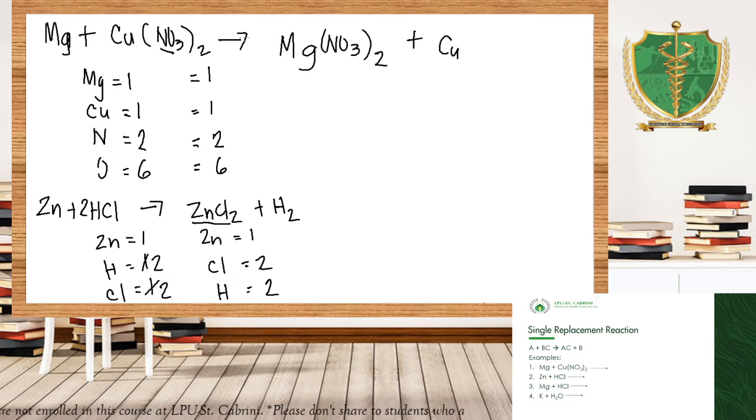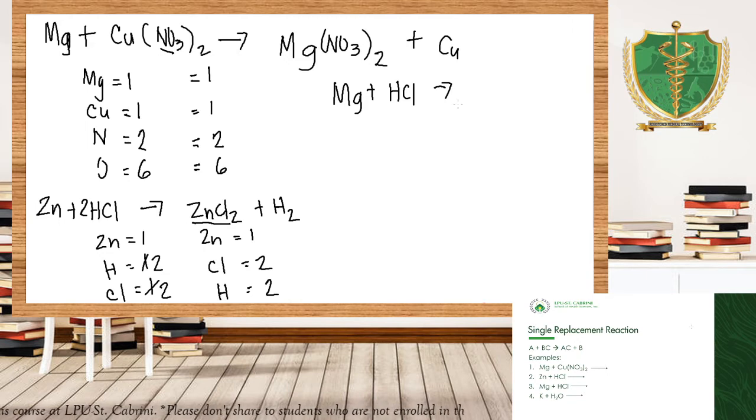Another example is magnesium plus hydrochloric acid. Actually, guys, if you will perform this in your laboratory, with Miss Rovi, magnesium plus hydrochloric acid will give you an excellent reaction.